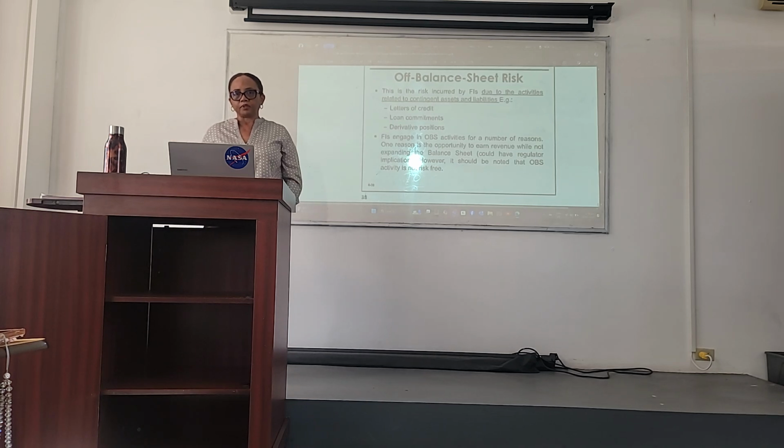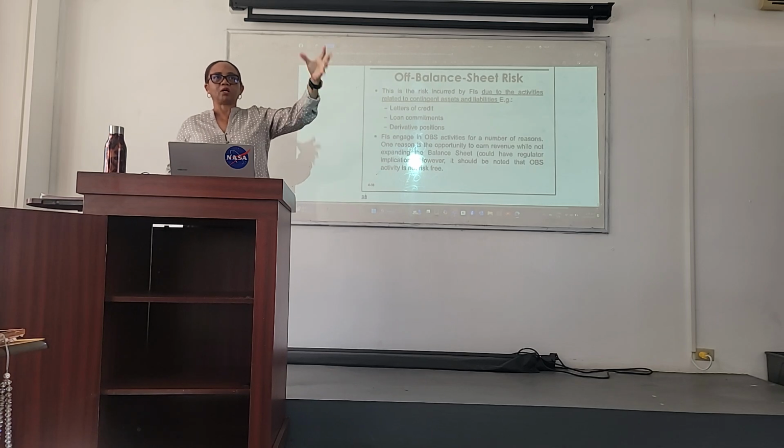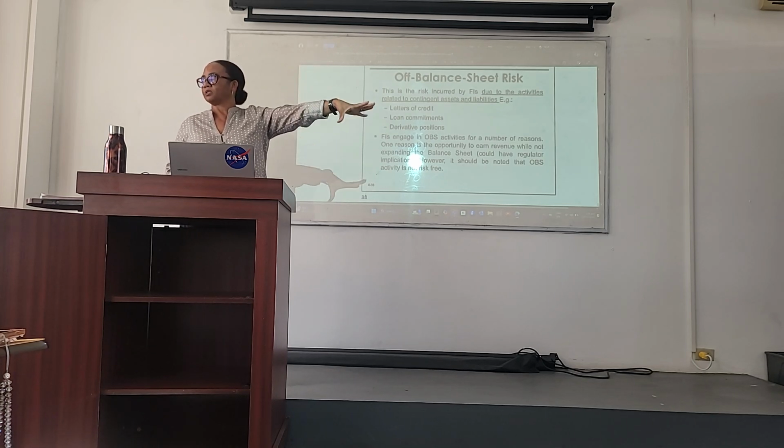So letters of credit are where the bank writes a letter to say that this particular business is able to make its payments because we have some money put aside to cover that.